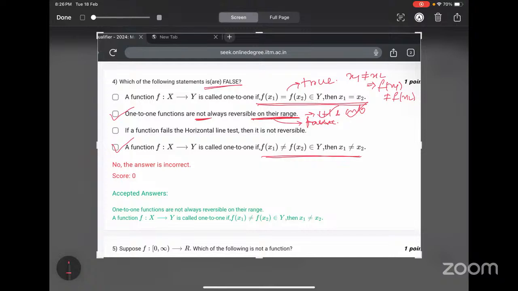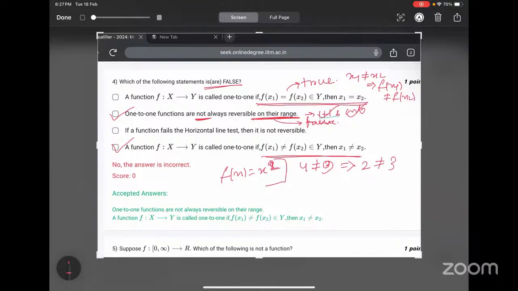This is wrong, right? Because you can take any function, for example f of x equals x square. x square is not a one-to-one function. We know that 4 is not equal to 9, and it implies that obviously 2 is not equal to 3.